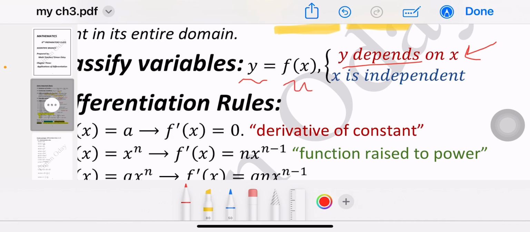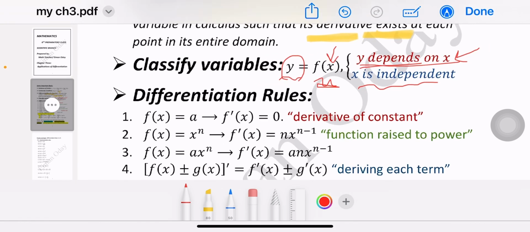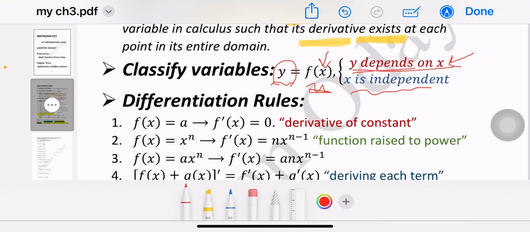So f of x is a formula using the input x to give a value which is called y, and this y depends on x. That's why we say y depends on x and x is the independent variable. Such an idea is important to be able to distinguish between the independent variable x and the dependent variable y.